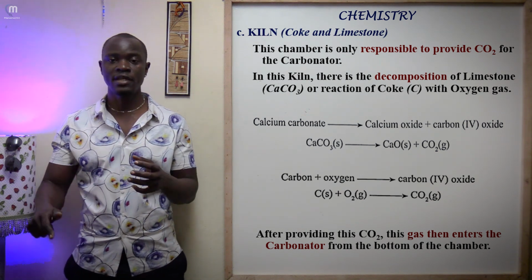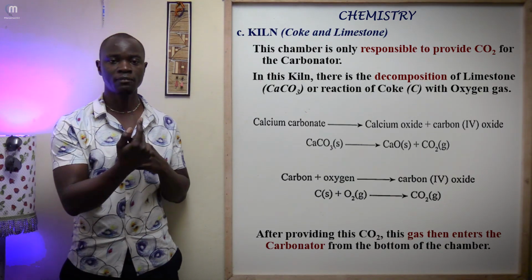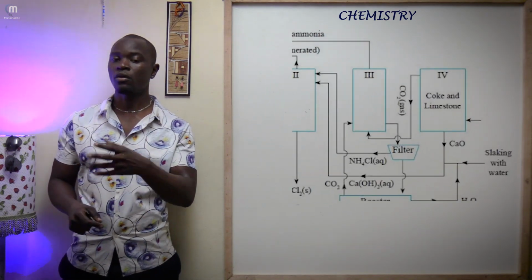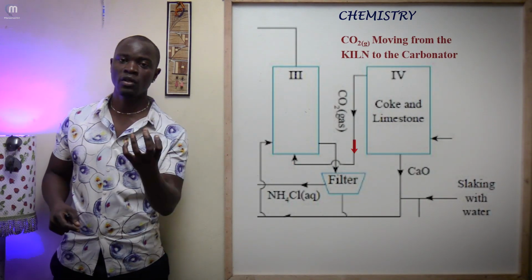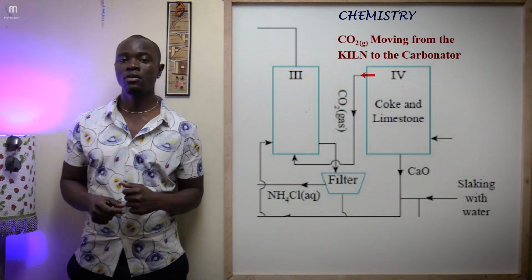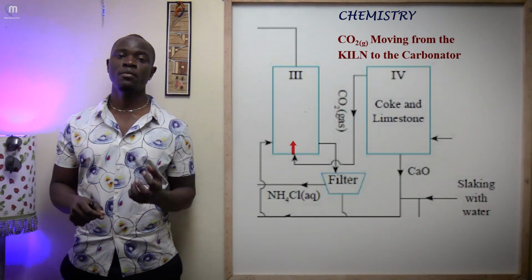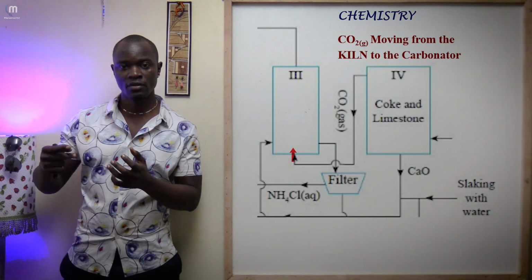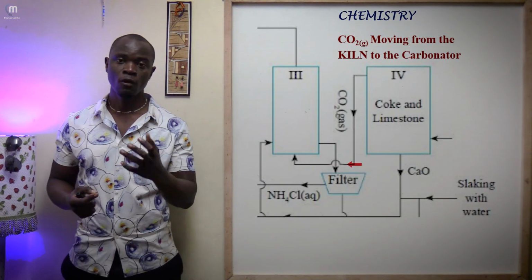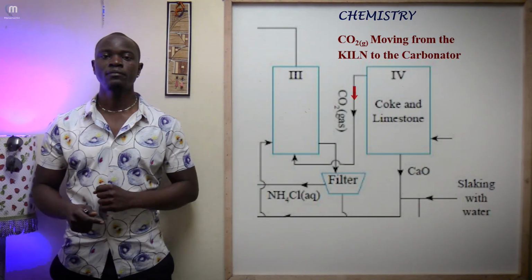This carbon dioxide is taken to the carbonator. In the same way, if we heat coke, which is carbon or charcoal, it reacts with oxygen gas to form carbon dioxide. This carbon dioxide is also taken to the carbonator. So you see, we have recycled carbon dioxide.